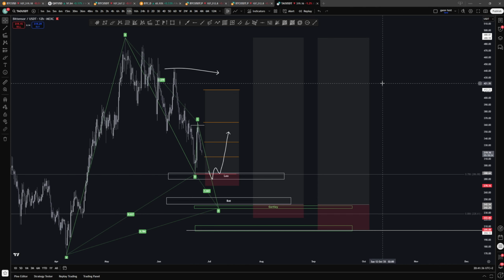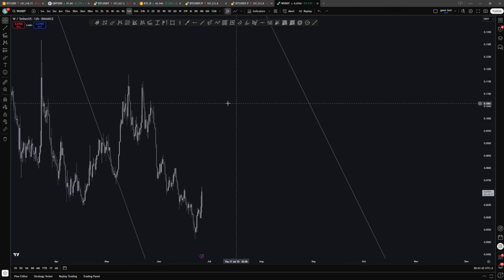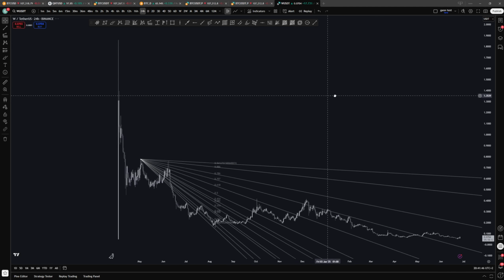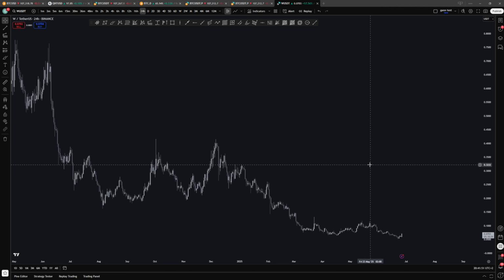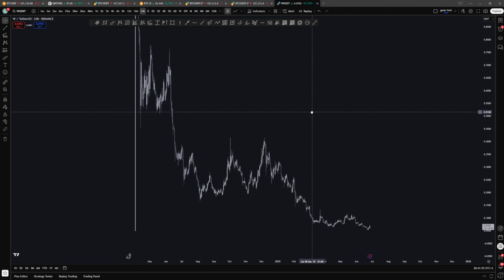Okay, let's quickly go over W. Oh, I have promised myself to not trade shitcoins anymore, but I can still chart them. This chart is unbelievably ugly.